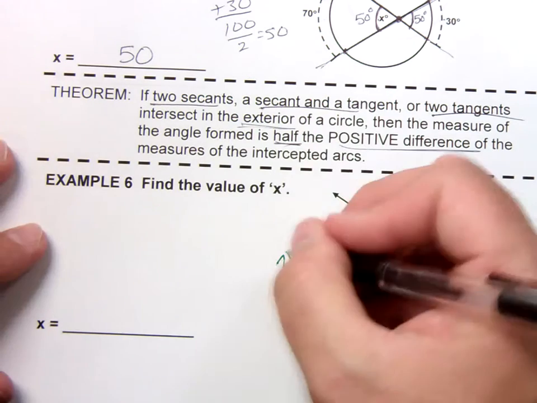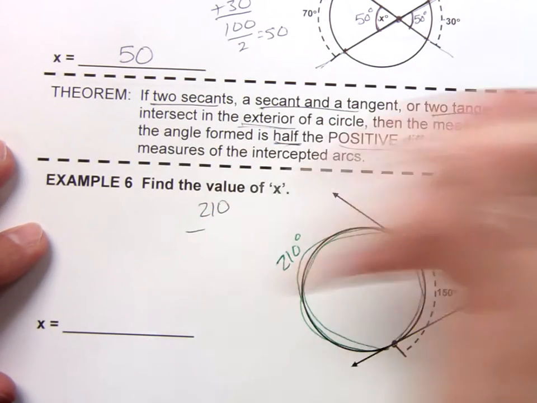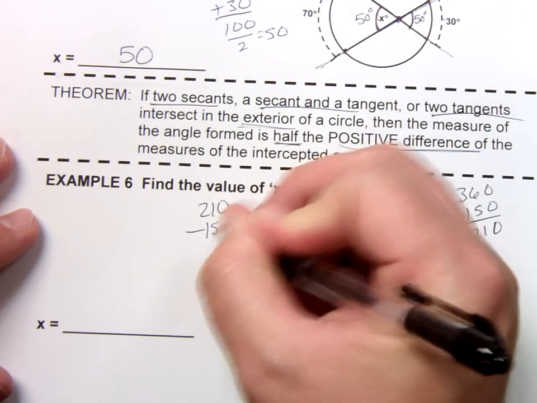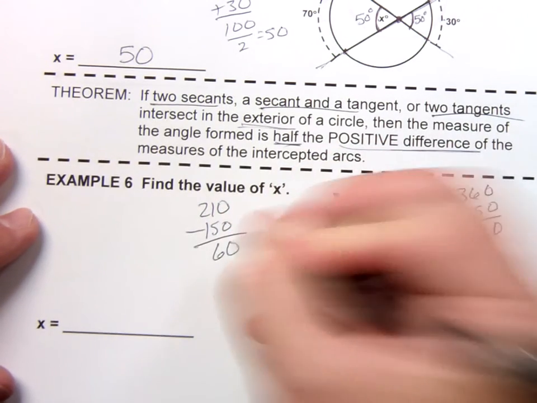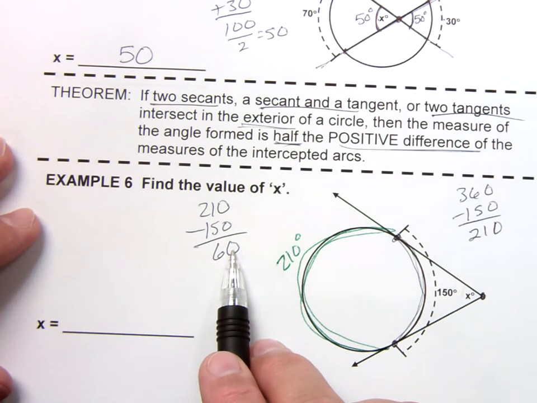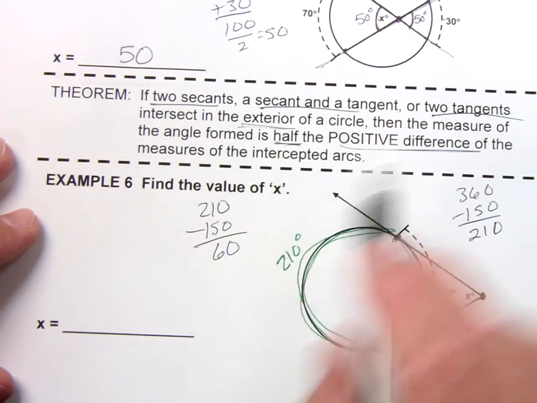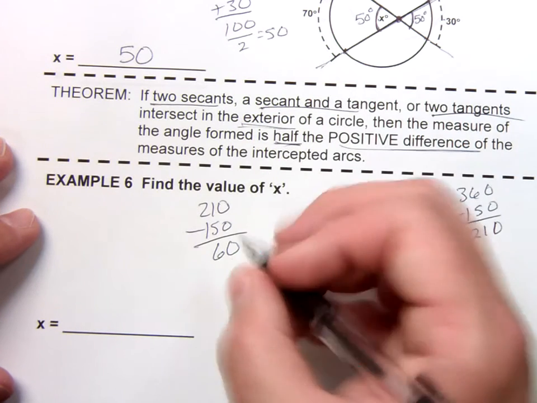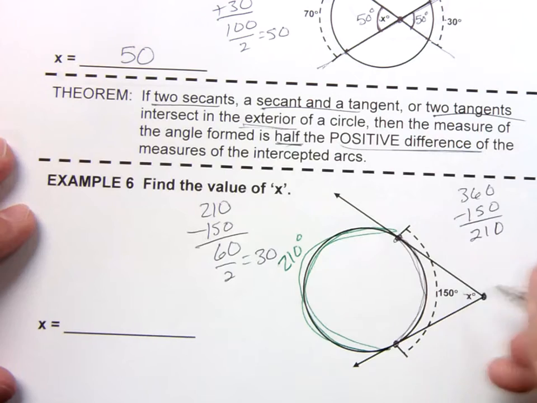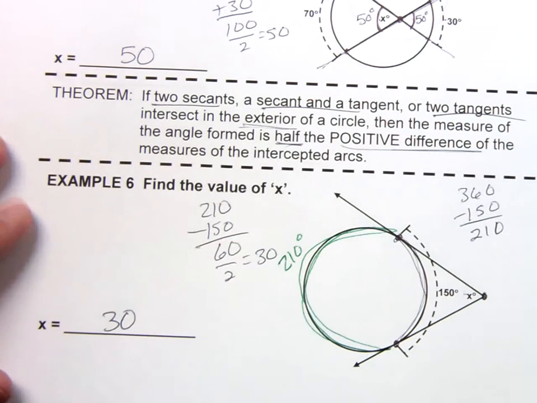So if I take 210, you just always take the biggest one and subtract the smaller one, you'll end up with a positive number. Subtract 150, you will get 60. So there is the difference between the two intercepted arcs. Remember, we only want half of the difference between the intercepted arcs. So half of 60 is 30. So I know that this angle has to be 30 degrees.